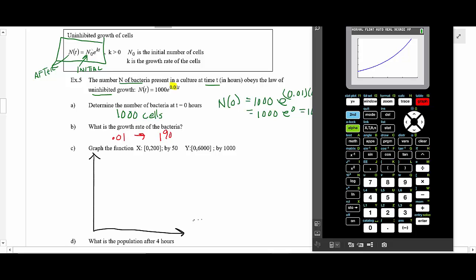You do want to label everything, so T is time in hours. You want to put that on there, and then the y-axis is the number of cells. You do need to get that on there, because if you don't, nobody's going to know what you mean by anything. And you have to put your values on too.